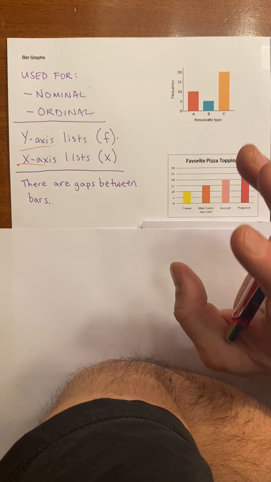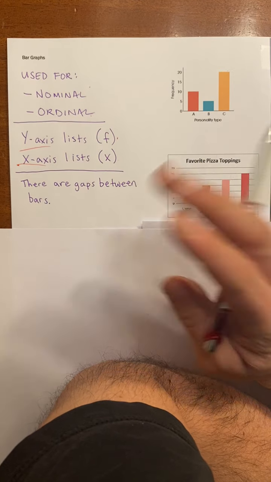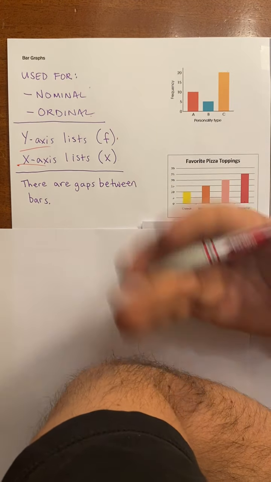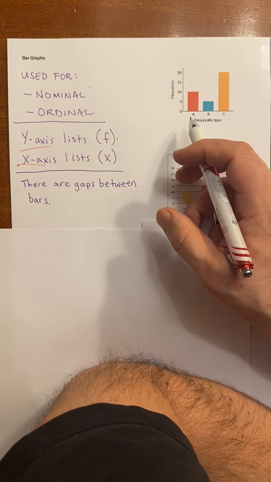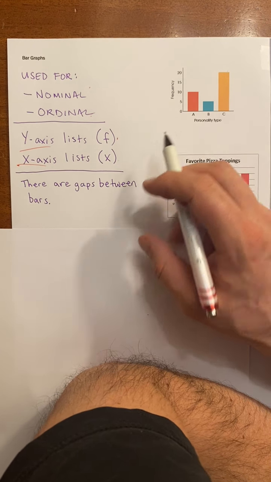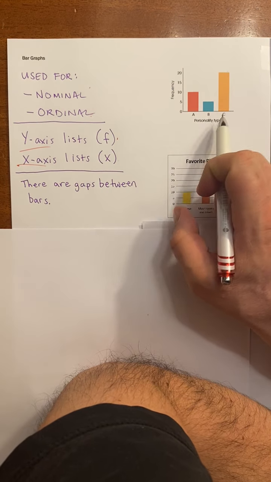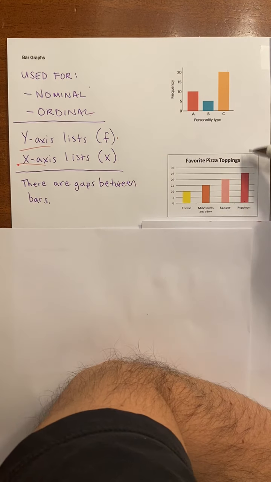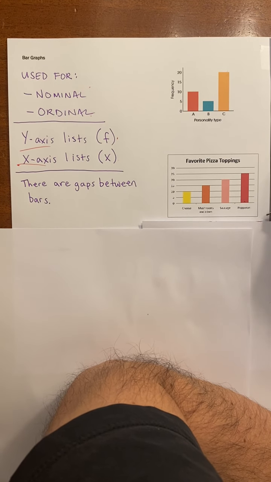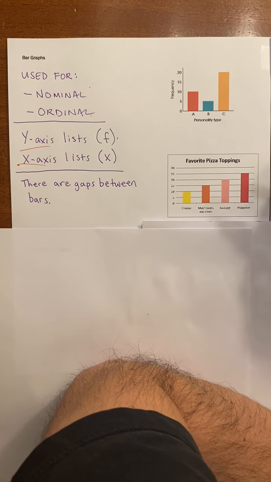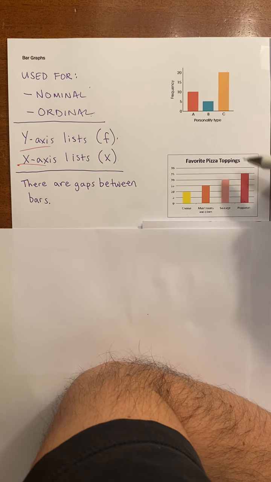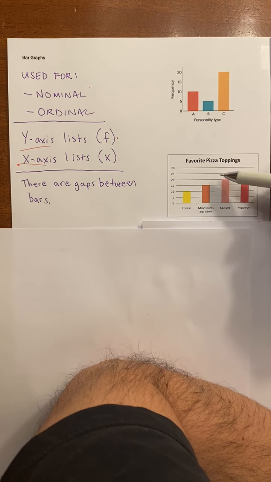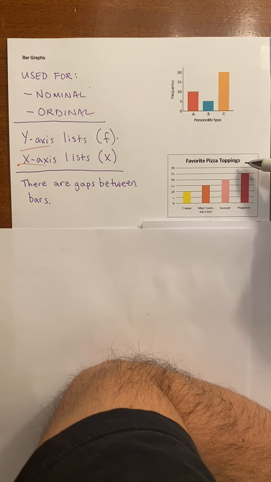And the reason why it's nominal is because there really is no fixed order to the different categories. There isn't a first, second, or third here, right? It's just the different names. Same thing with this other bar graph, right? So here, someone went out and they asked people to tell them their different favorite pizza toppings.